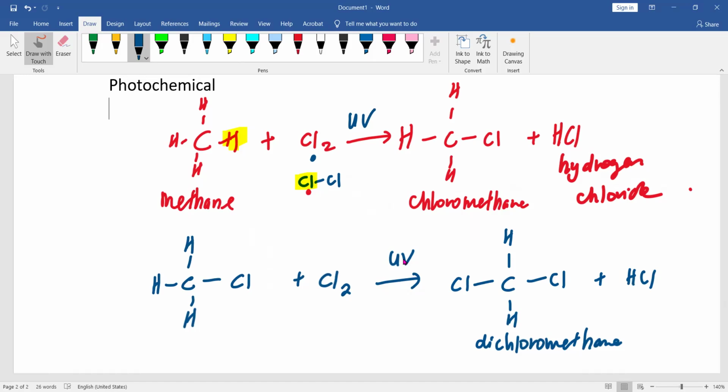No, it can go on and on and on. So if I change two, it's dichloromethane. If I change three, it's trichloromethane. If you change until the fourth one, it is called tetrachloromethane. Get it?